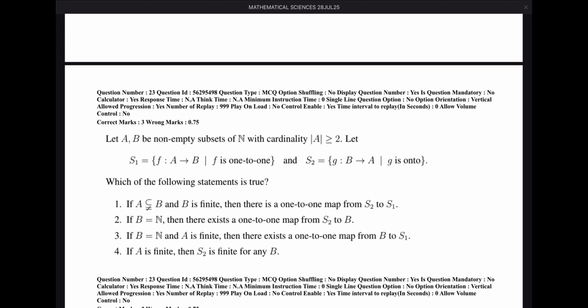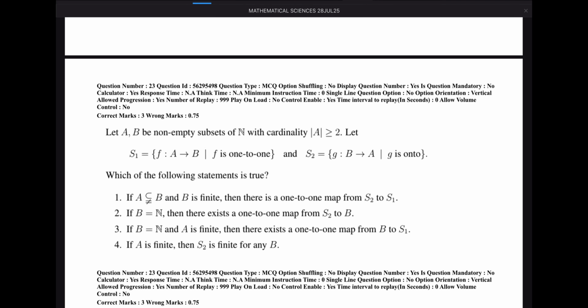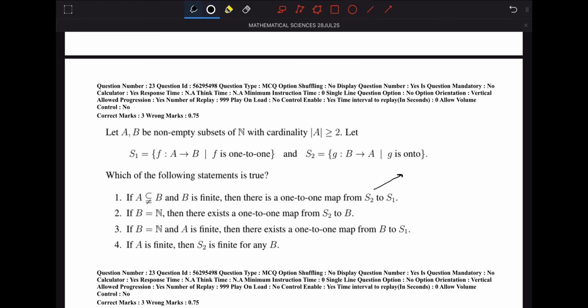So for checking the first one, let us assume cardinality of A is 3 and cardinality of B is 4. Then the number of 1-to-1 maps from A to B is 24, because this is 4 factorial by 1 factorial, which is 24.